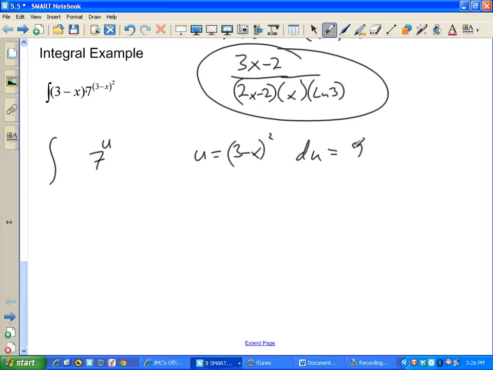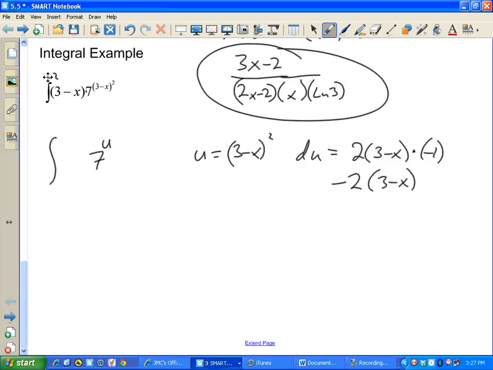So du is going to be 2 times 3 minus x, times the derivative of the inside part, which would be negative 1. So du is negative 2, 3 minus x. Okay, so I don't have du, but I do have part of it. All I'm missing is the negative 2.